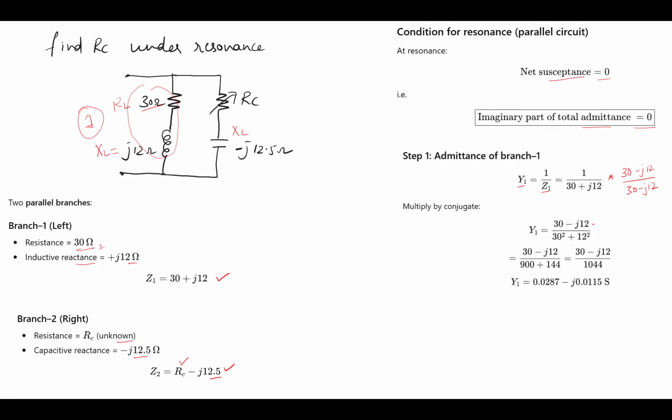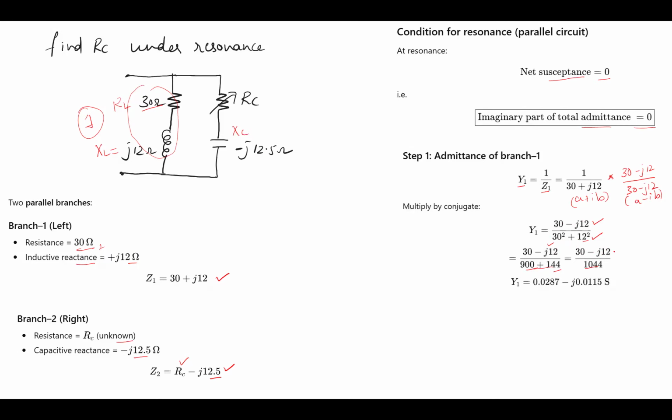Therefore, in the numerator you get 30 minus j12. In the denominator, (a plus jb) into (a minus jb) is nothing but a square plus b square, where a is 30 and b is 12, so 30 square plus 12 square. 30 square is 900 and 12 square is 144, so adding these two you get 1044.